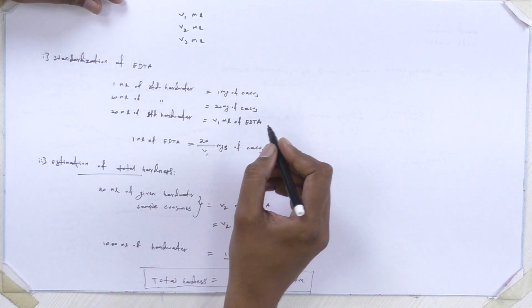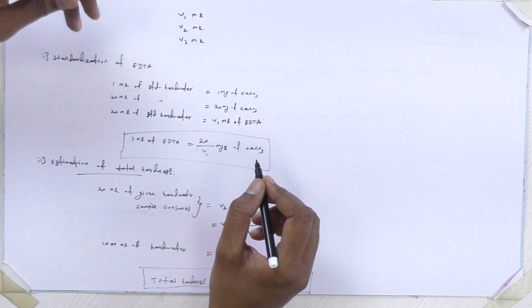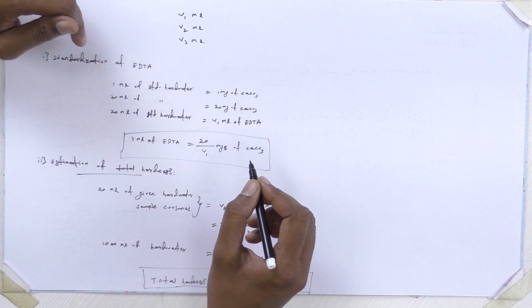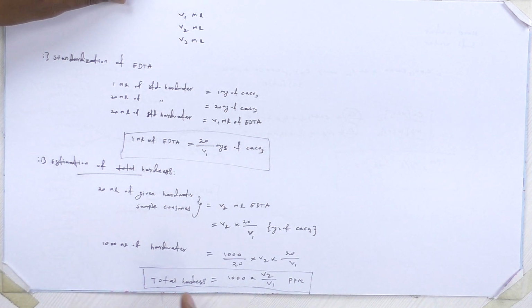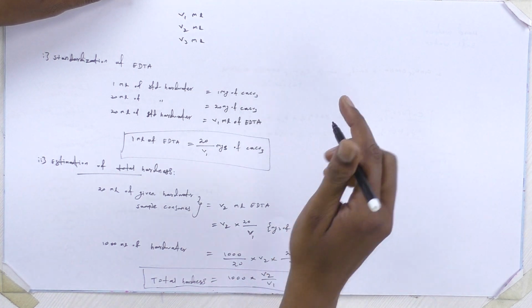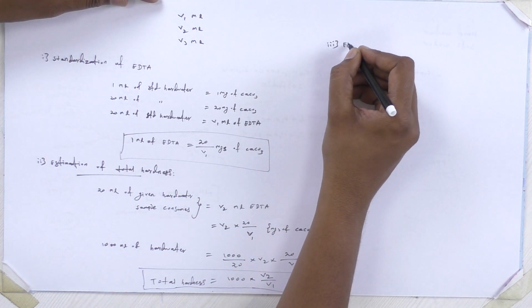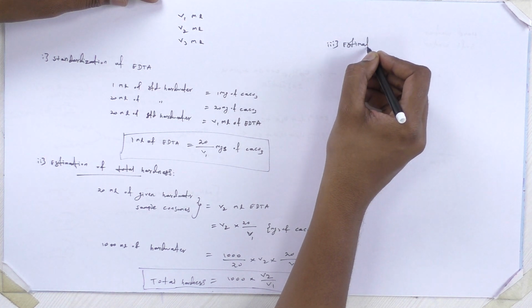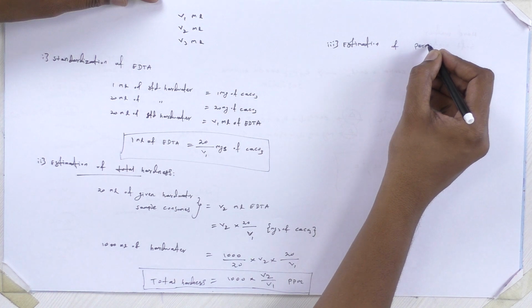In the first titration, by using this formula, we easily find out the standardization of EDTA, the normality of EDTA. And in the second titration, by using this formula, we easily find out the total hardness of water. And then the third titration, estimation of permanent hardness.